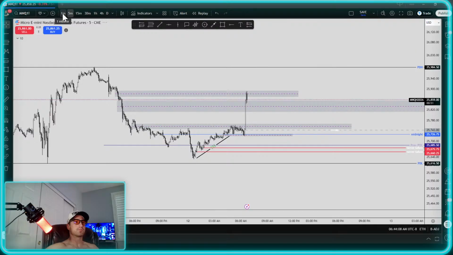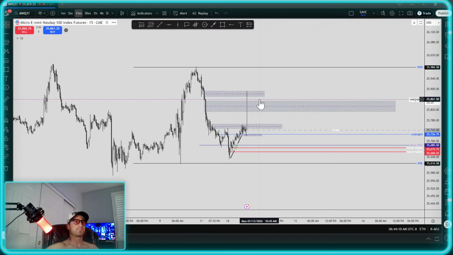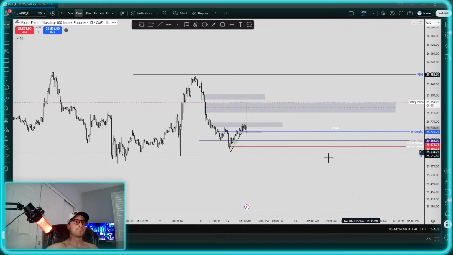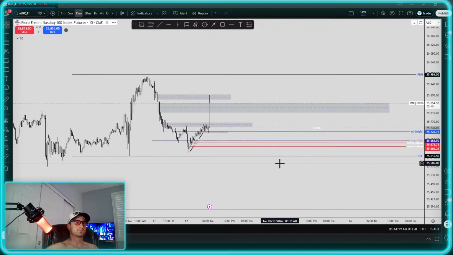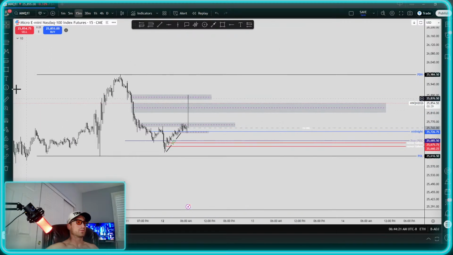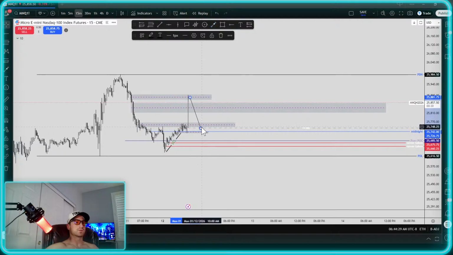Not really seeing much to do here. If we get another opportunity where the market comes down like this, then we get another entry here at the opening range low at midnight, take it back up, but we'll see.